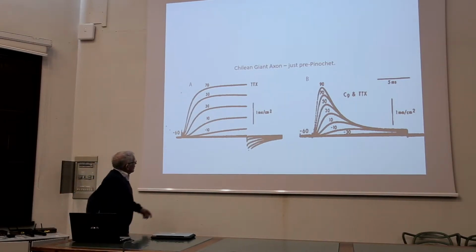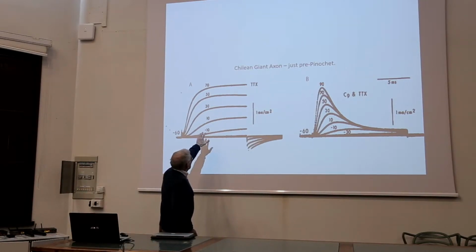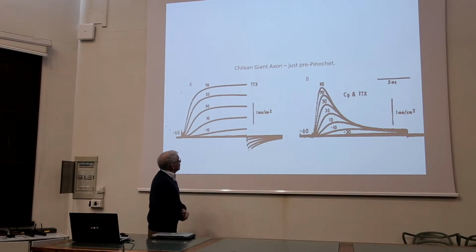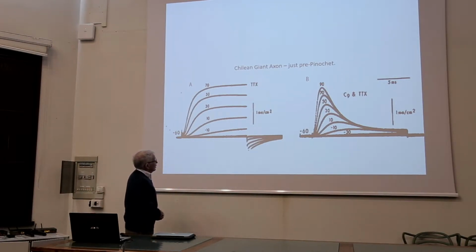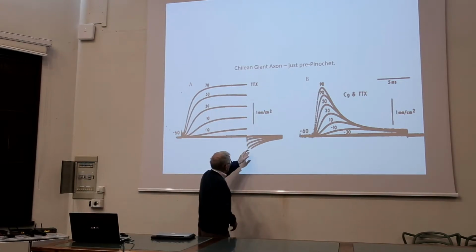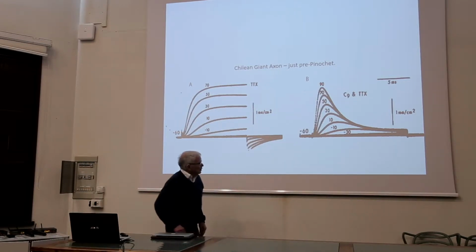But anyway, you see here purely the potassium current starting at minus 60 millivolts, depolarizing to the voltages that are given here, and the current turns on, and then when you repolarize, it flows inward through the axon and produces this tail of current.